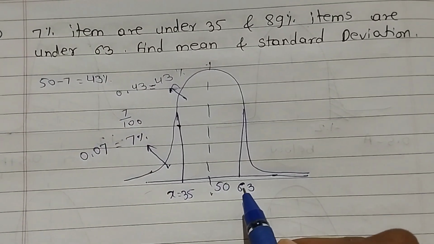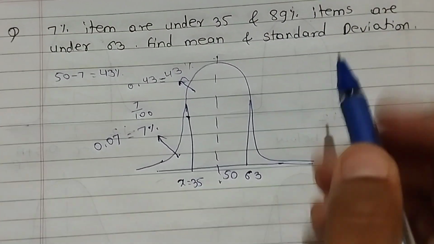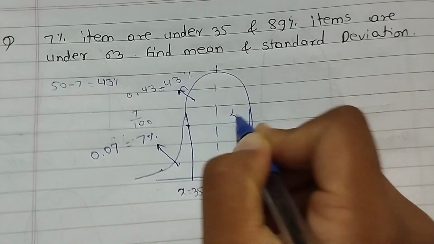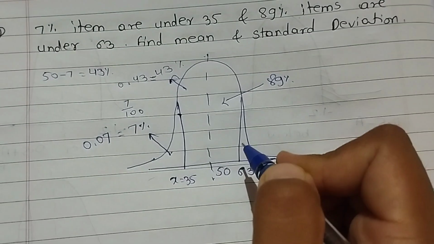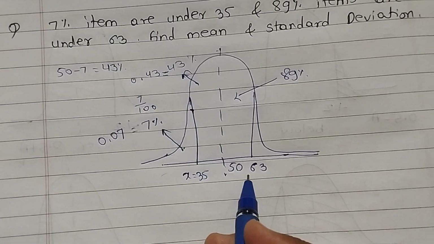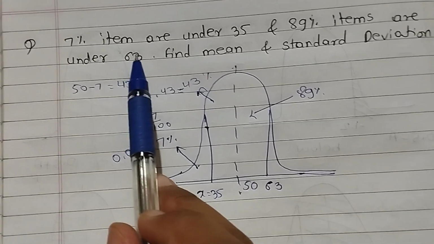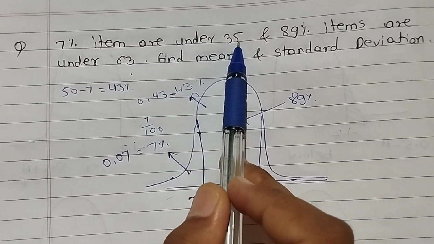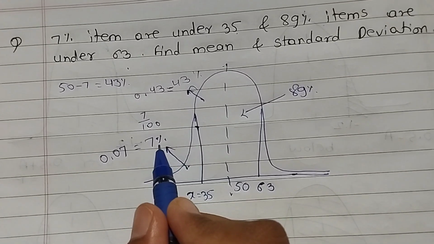Now 89% of the items, so this portion is 89%. Portion means the whole portion which is smaller than 63, because read carefully, under the 35, under means smaller, so this smaller part is 7%.